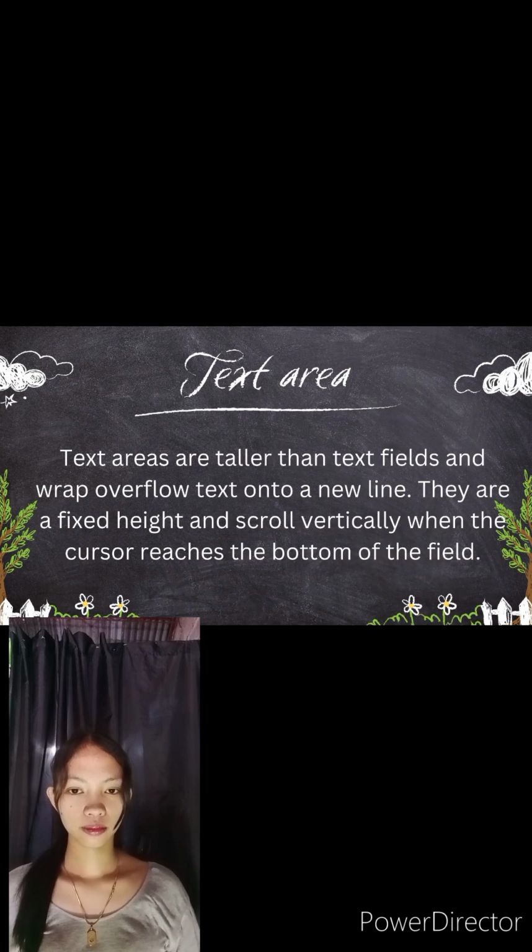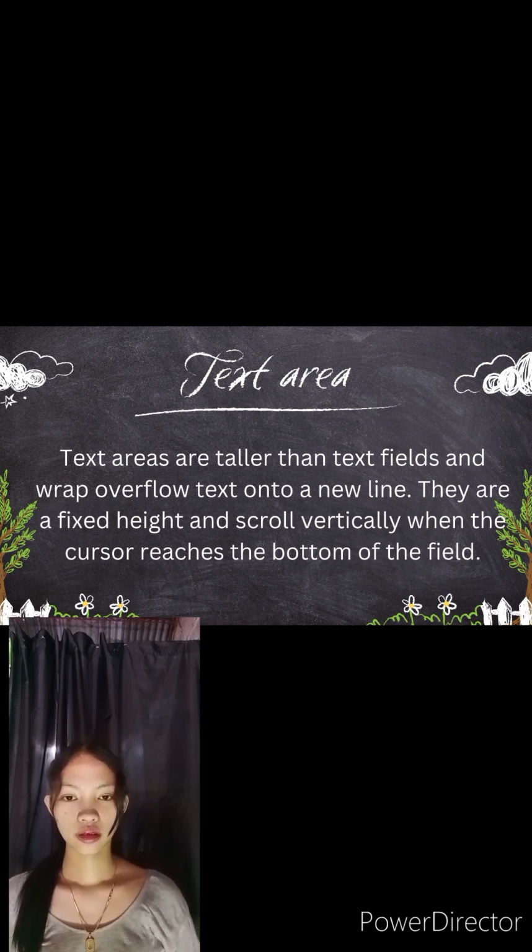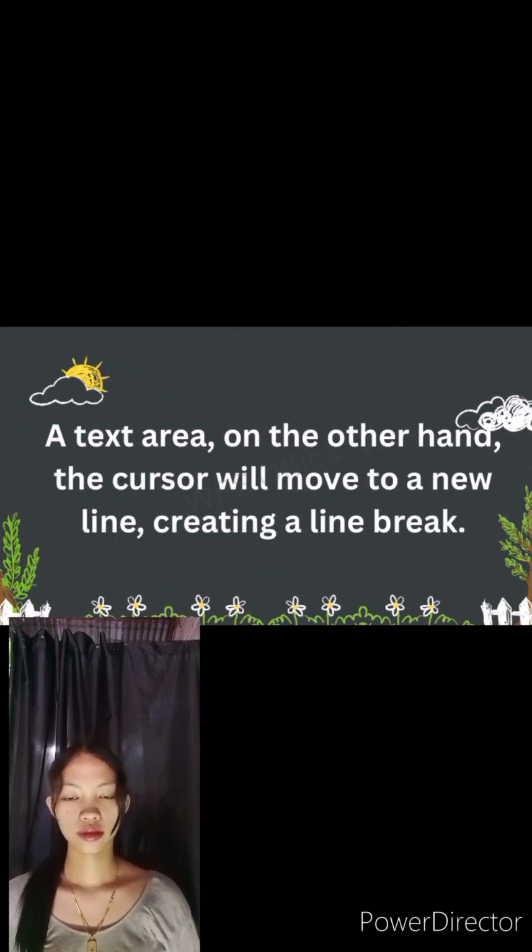Text area. Text areas are taller than text fields and wrap overflow text onto a new line. They have a fixed height and scroll vertically when the cursor reaches the bottom of the field. In a text area, on the other hand, the cursor will move to a new line, creating a line break.